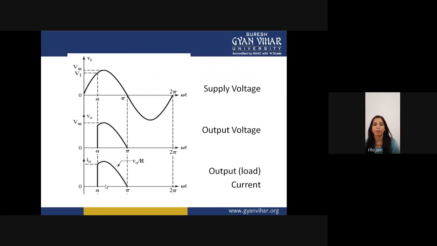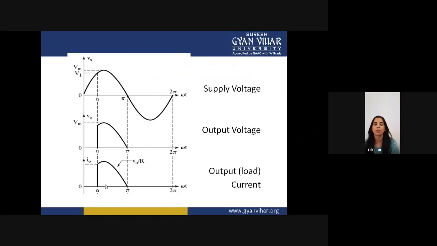Why is it not conducting after pi? The first reason is that the load is resistive, and in a resistive load the voltage waveform and the current waveform are similar. The second reason is that after pi, the negative cycle appears, so negative voltage appears across the SCR.